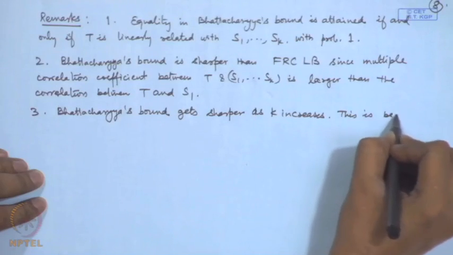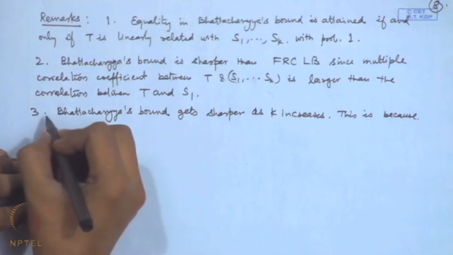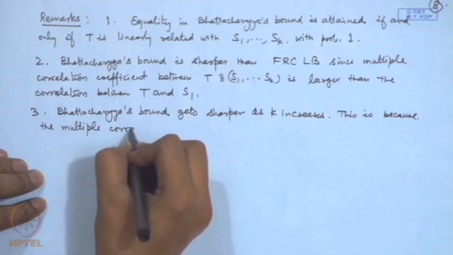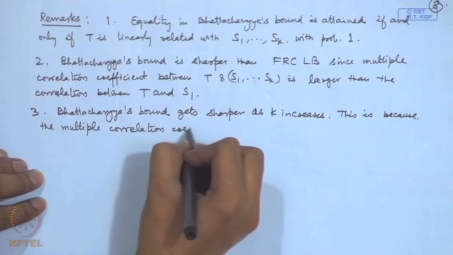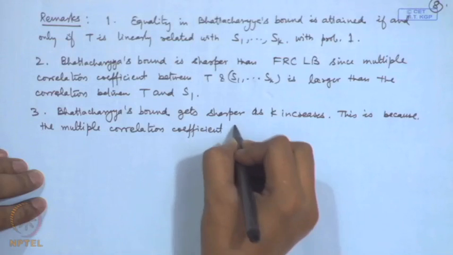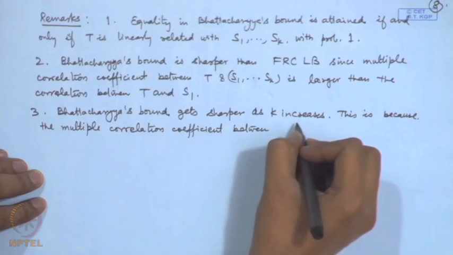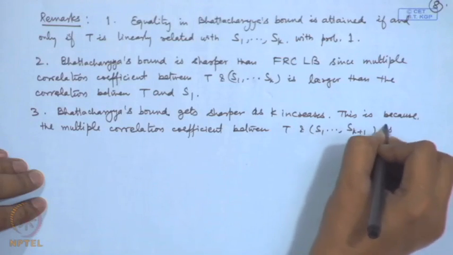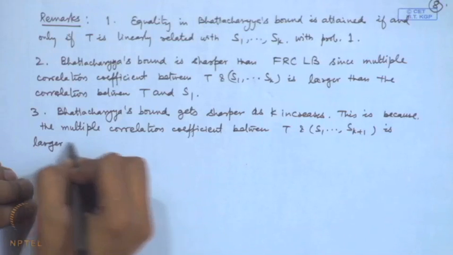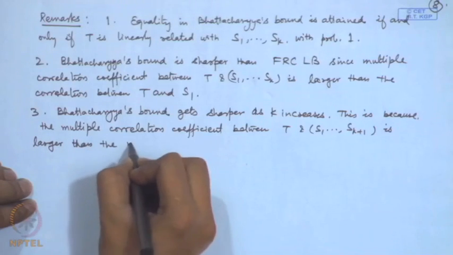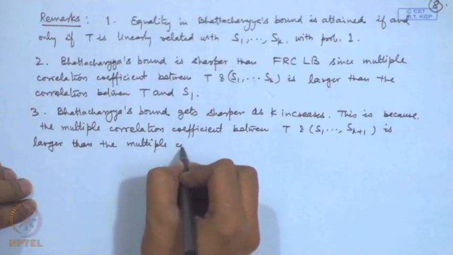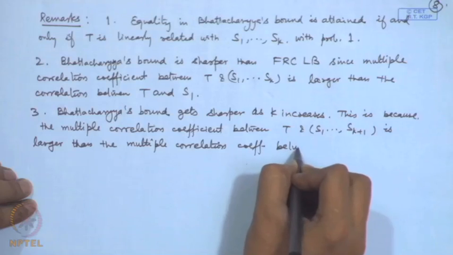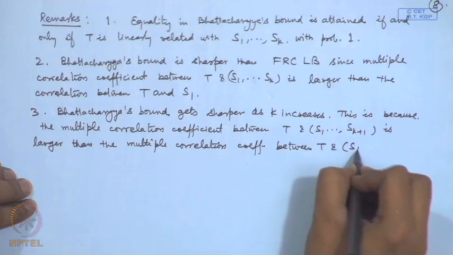This is because the multiple correlation coefficient between T and S1, S2, Sk plus 1 is larger than the multiple correlation coefficient between T and S1, S2, Sk.